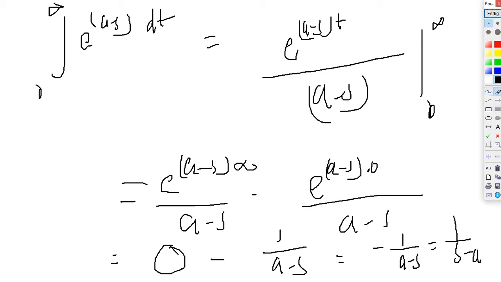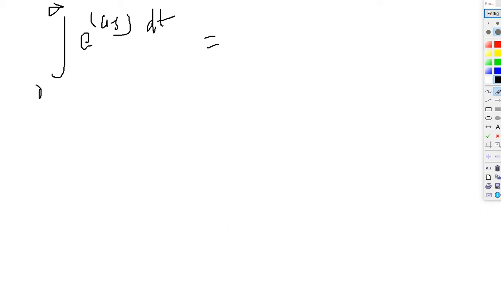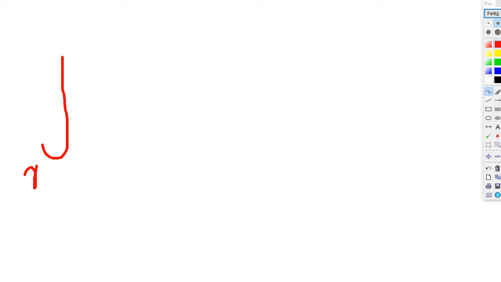So we get one important formula from the integration of e to the power at.